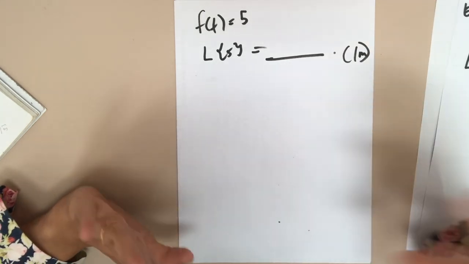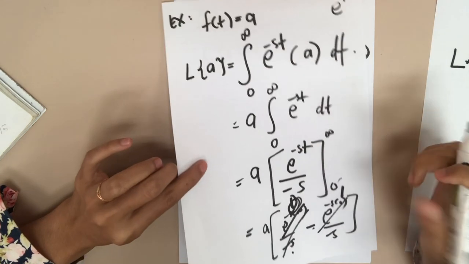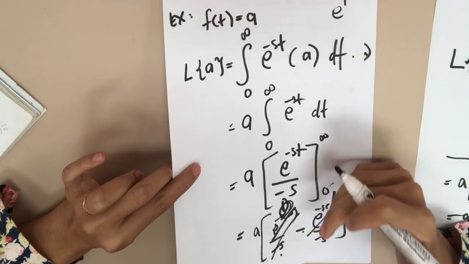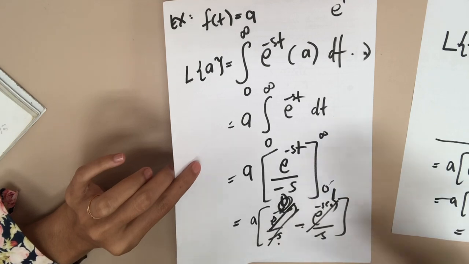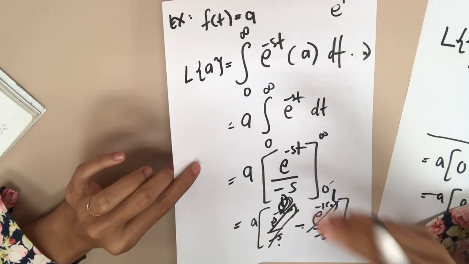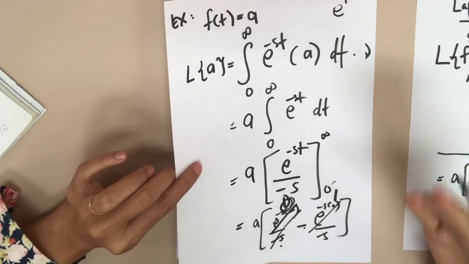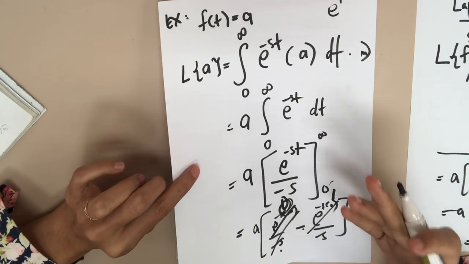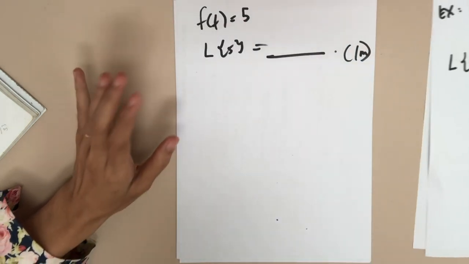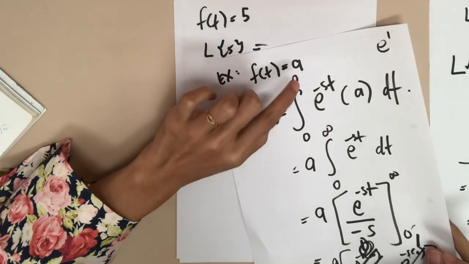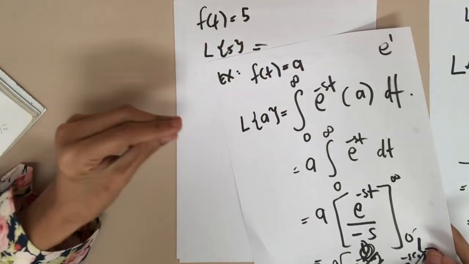Okay, class. Just now, I showed you how to find the Laplace transform for a constant. Whether the marks are 5 or 8 or 10, it depends on how long the working is. But now it's actually the same question because it's the same function. I just substitute A with a number.